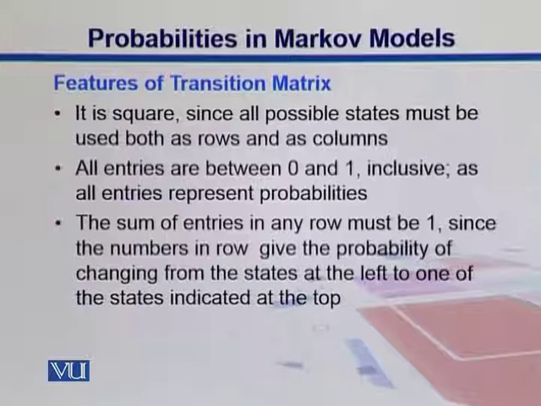It's a square matrix, and all possible states must be used both as rows and columns, and all entries are between 0 and 1 inclusive, since they represent probability. So your entries should be between 0 and 1, no negative numbers and no numbers greater than 1. And the sum of entries in any row must be equal to 1, since the numbers in a row give the probability of changing from the state at the left to one of the states indicated at the top.